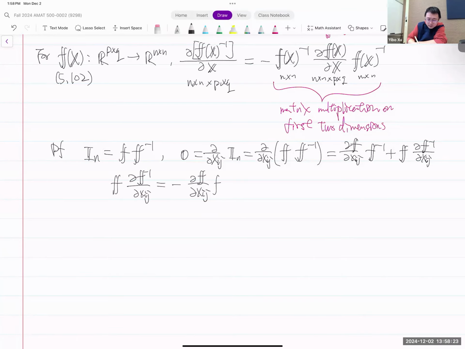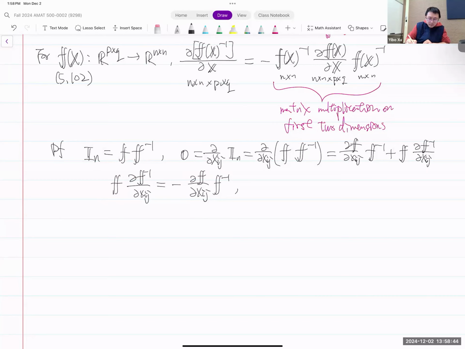Just remember each of these terms is a square matrix, because although we are taking the partial with respect to one variable, the outputs of F and F inverse are both square.